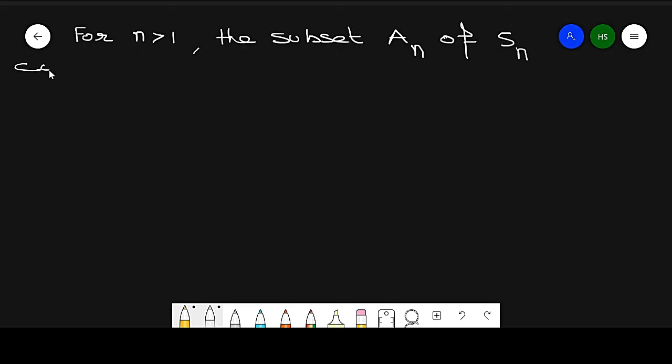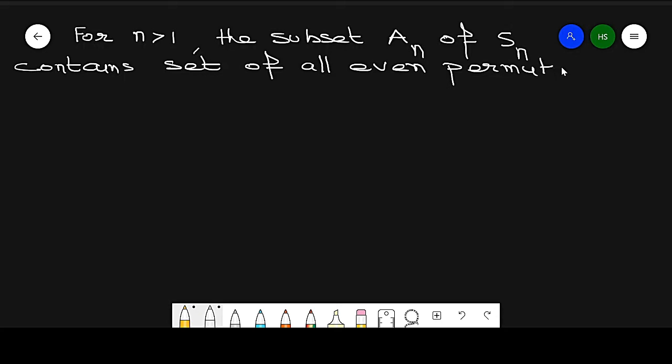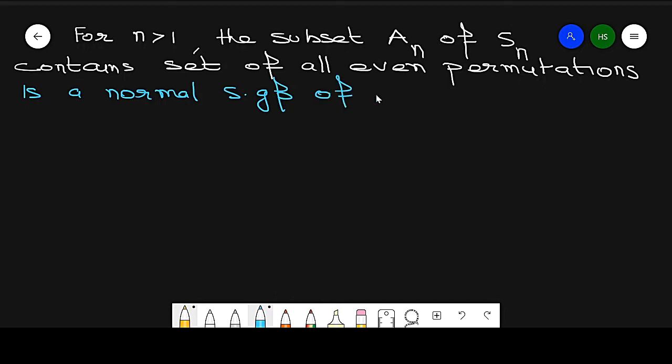An contains the set of all even permutations, and this is a normal subgroup, a normal subgroup of index 2.